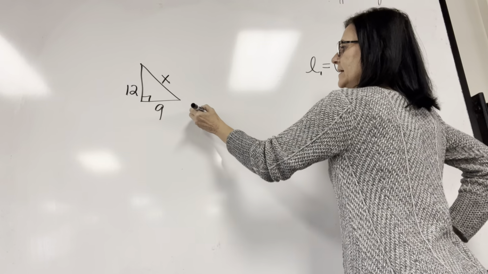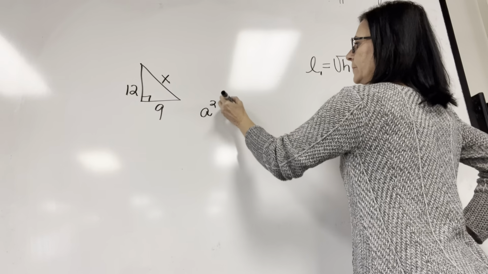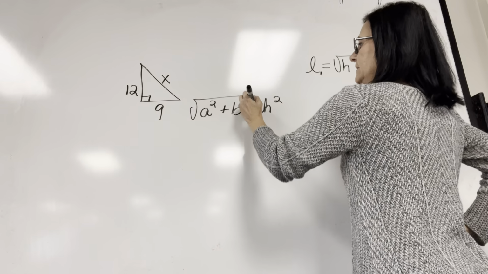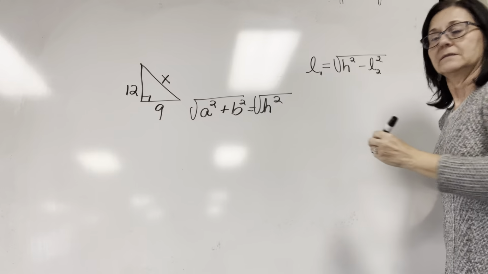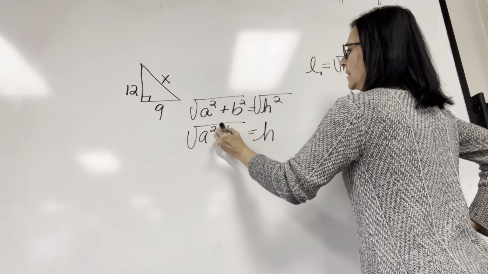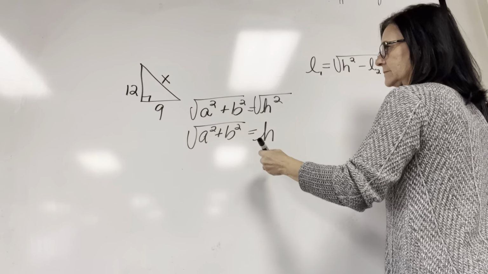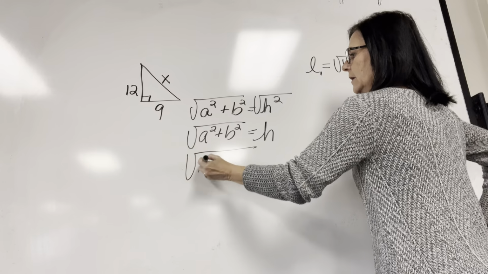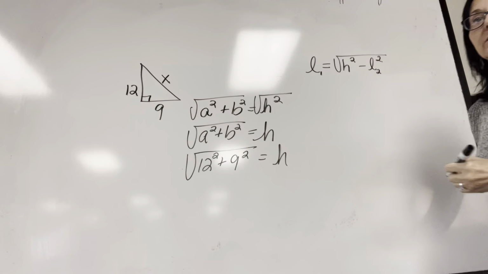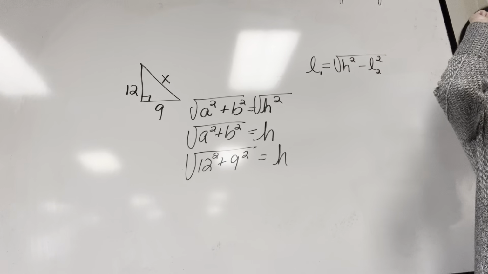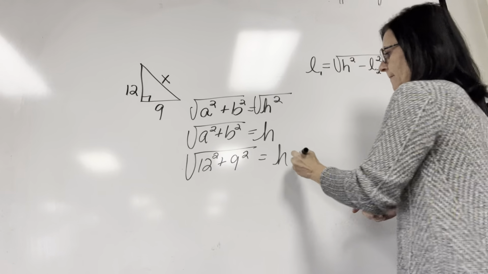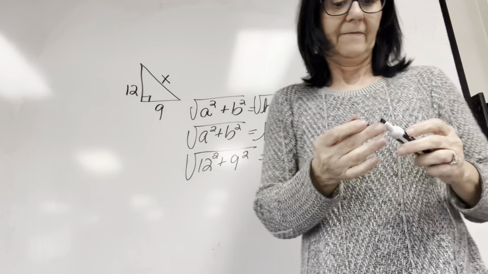So leg squared plus the other leg squared equals the hypotenuse squared. I take the square root of both sides. So the hypotenuse is the square root of a squared plus b squared, the legs. What's the square root of 12 squared plus 9 squared? 15. Anybody else get 15? Make sure you get 15.